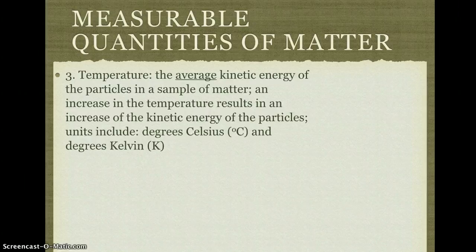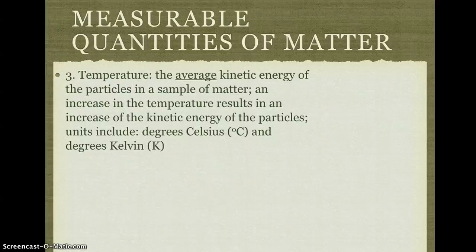Other measurable quantities of matter, one that we can measure of just about any substance is temperature. Now, sometimes we take for granted what temperature is. There's a key difference between temperature and heat, and that's what I want to identify in these next two slides. Temperature is an average.